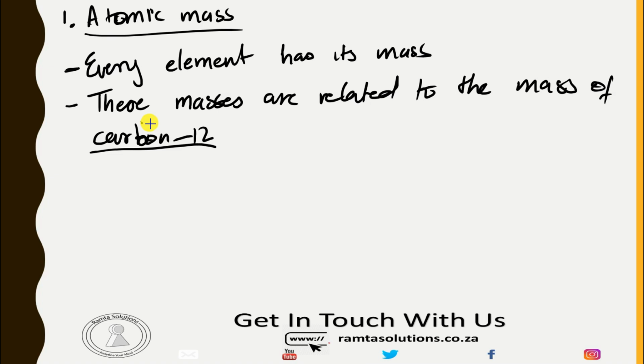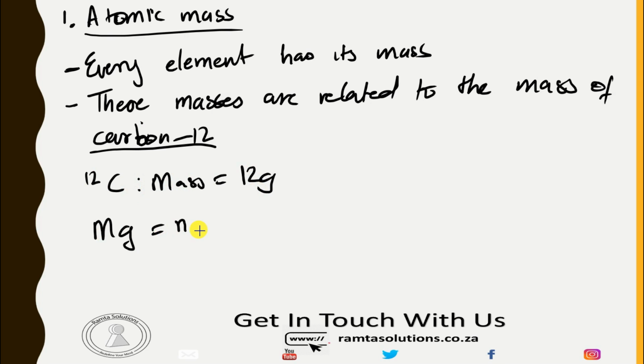Let's say, for example, carbon 12. Its mass is 12 grams. Let's look at, for example, magnesium. Its mass is 24. What does that tell you?